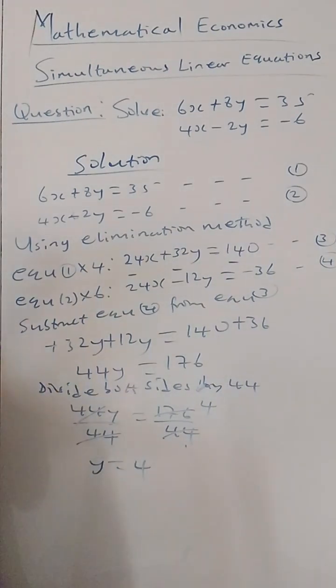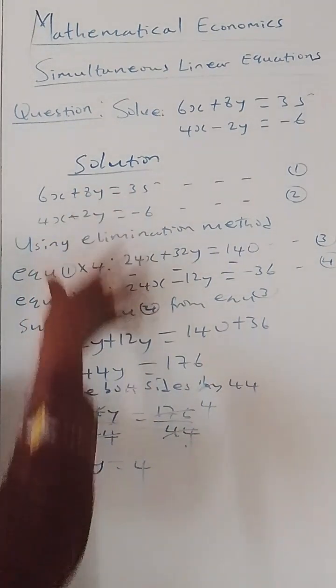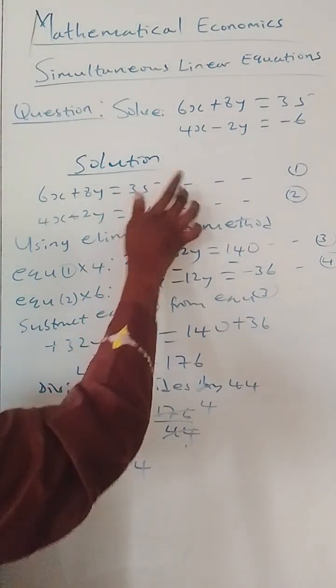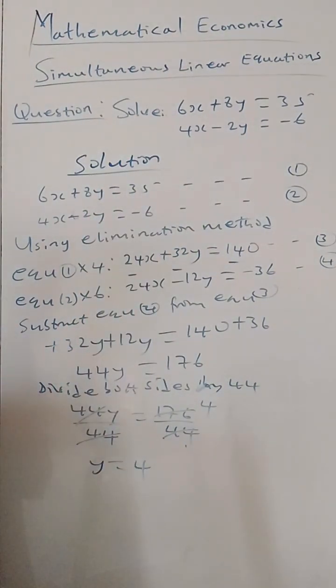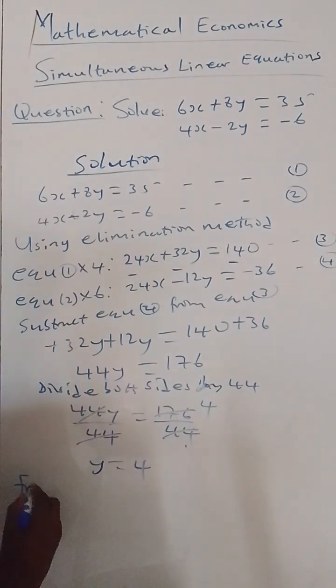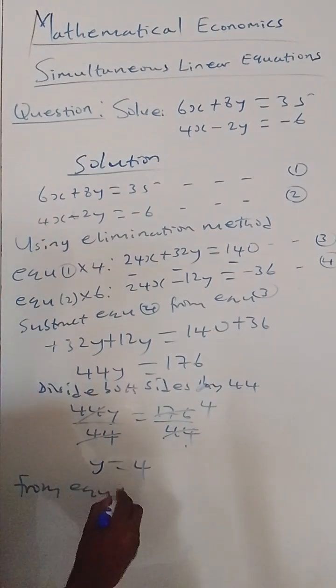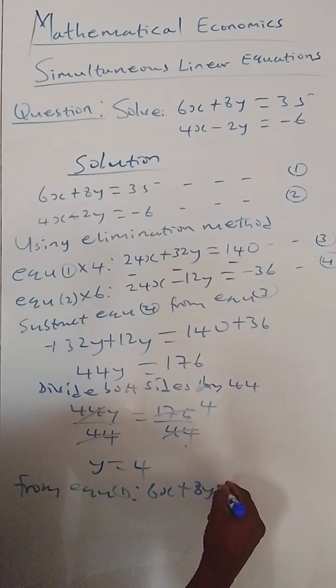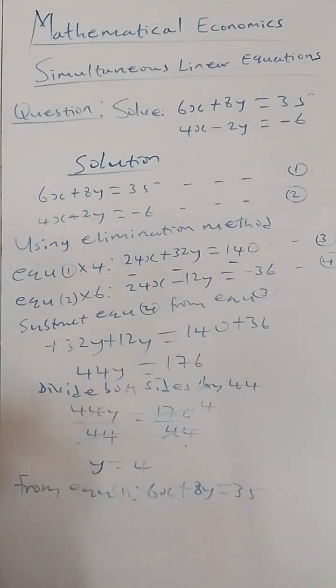To get the value for x, I can just substitute the value for y into either of the equations. Whether I choose equation 1 or equation 2, I'm going to get the same answer. So let me use equation 1: 6x plus 8y equals 35.